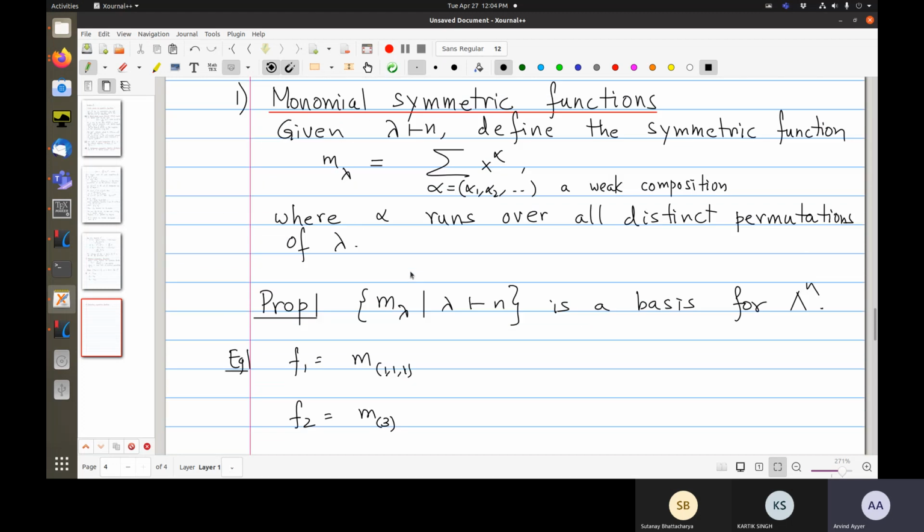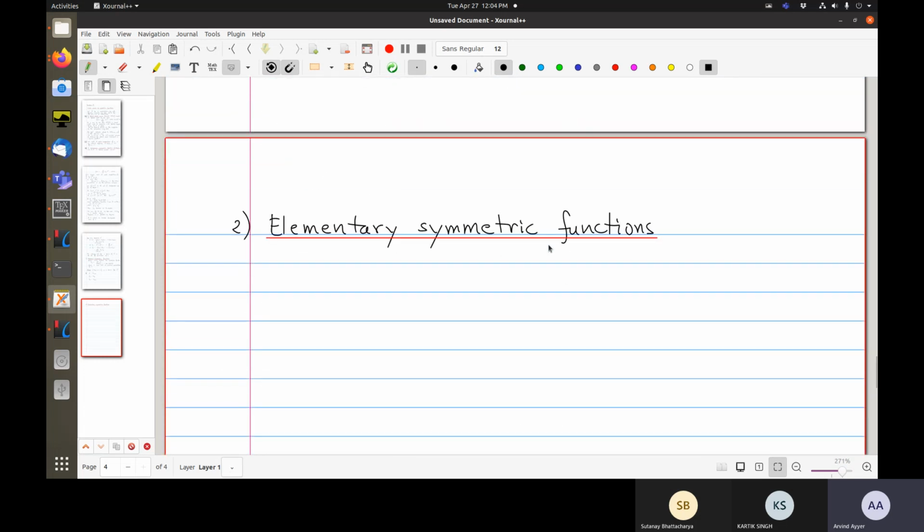As I said, the indexing set for the basis is the set of partitions. But first, let me define it when there is a single index. For n in the natural numbers, let E n, without brackets, so it's just indexed by an integer, be the same as m of 1, 1, 1, n times.